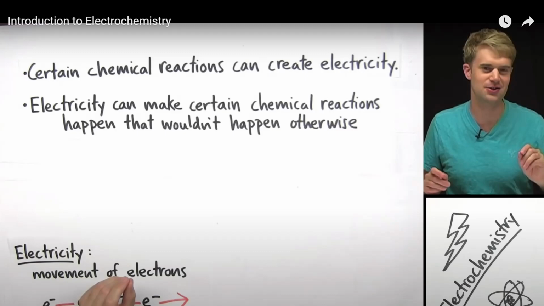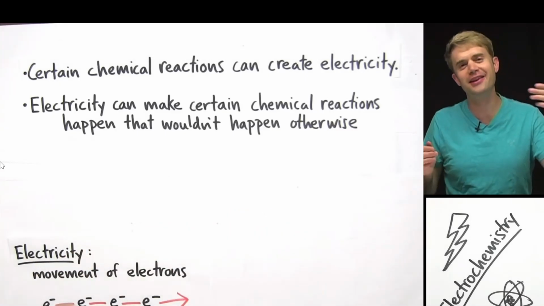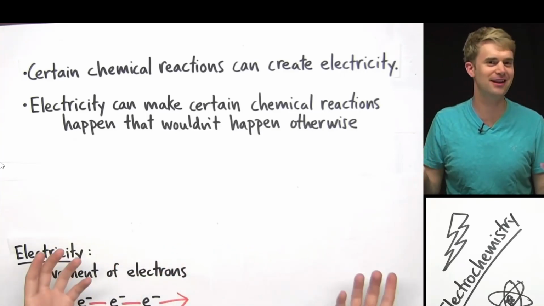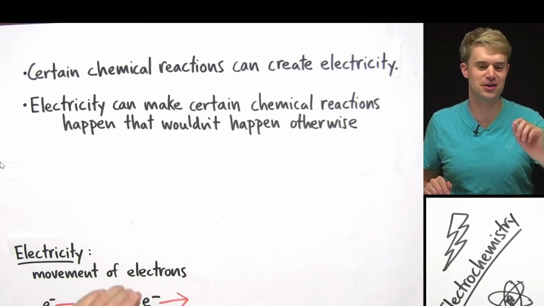And if you have a rechargeable battery, guess what you do? You plug it in and you make the electrons go the other way, so you move them back to where they were when the chemical reaction put them there in the first place. It's kind of cool. So maybe it's through a wire, or through a light bulb, or through a battery, or something like that. But if you've got electrons moving, you've got electricity.